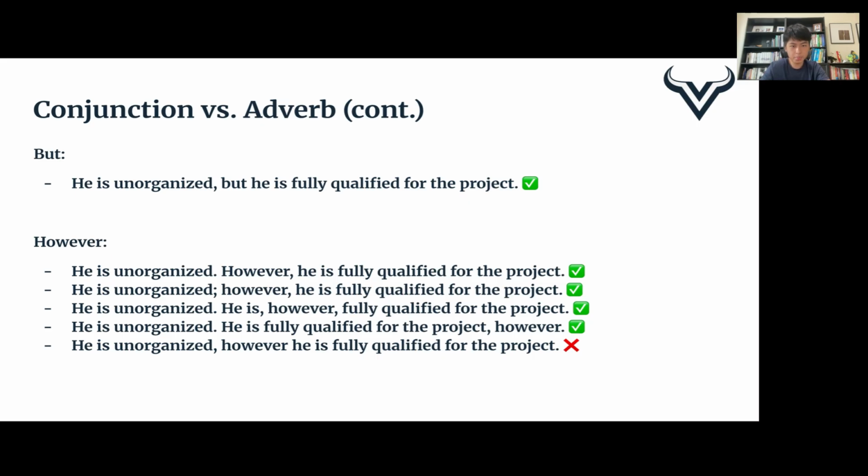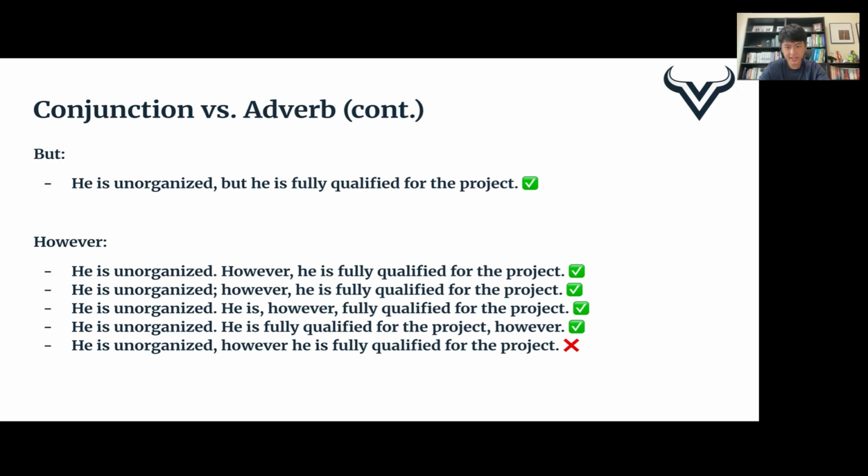So this is an example of the difference in usage between a conjunction and an adverb. So if you see the top, but is a conjunction, and the sentence, he is unorganized, but he is fully qualified for the project. This is the correct usage for but. If you want to use however instead of but, then it's different. You can have many ways of saying it. You can either break it down into two sentences, he is unorganized, full stop.